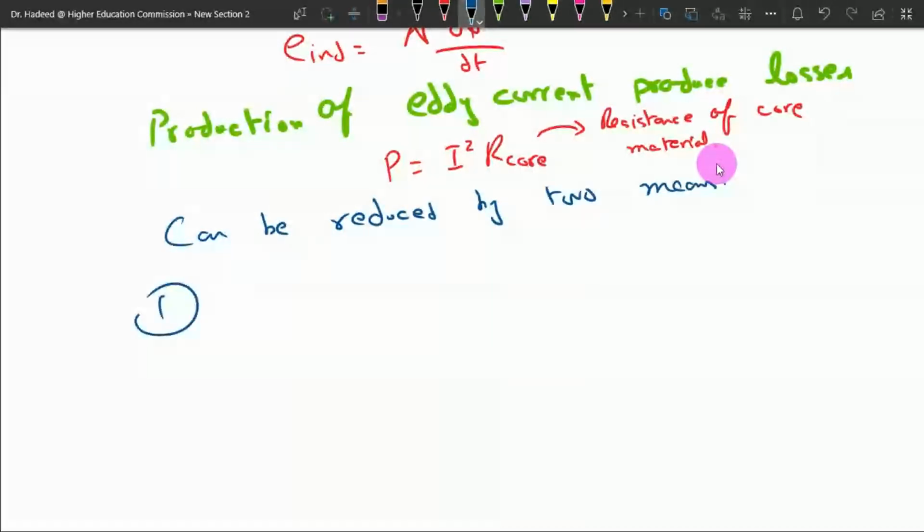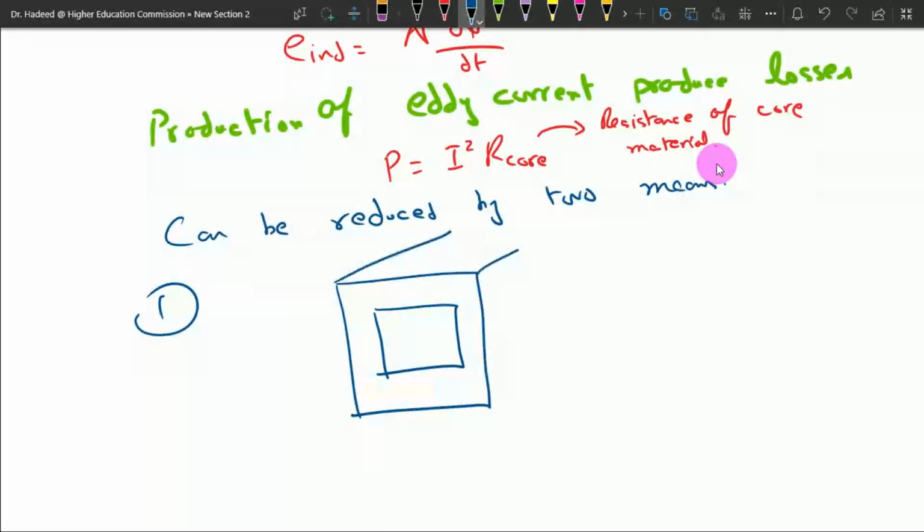Number one, instead of having a single piece of core, we use laminated sheets and join them together with lamination so that the localized current circuits can be reduced.